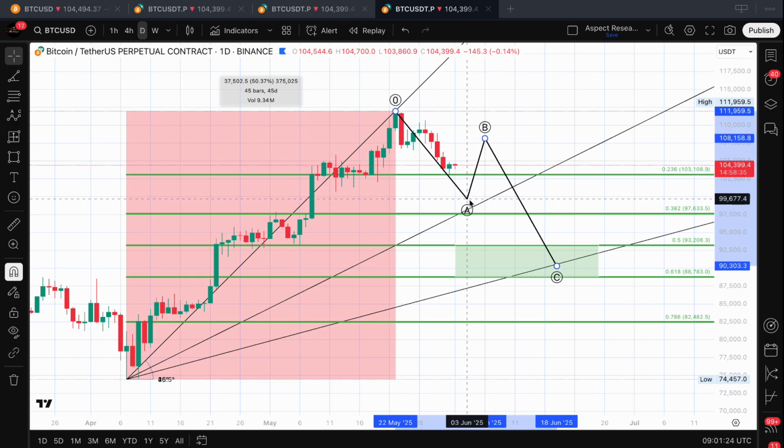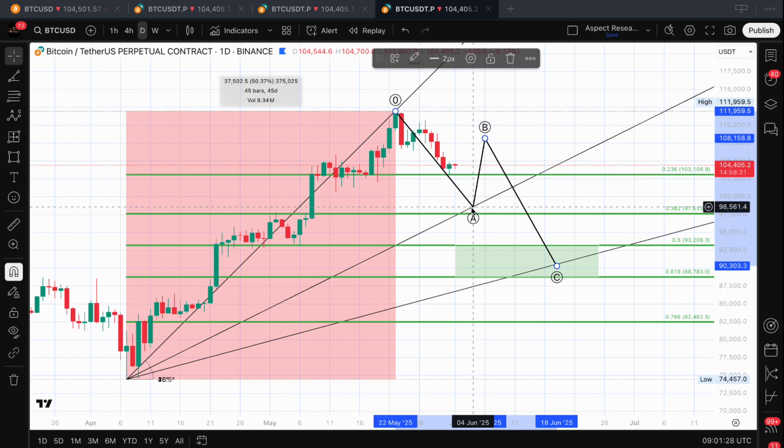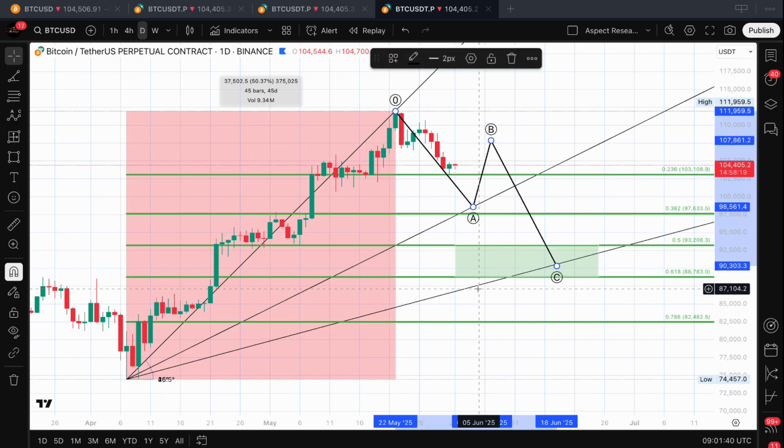Okay, so it is possible that wave A will be a bit longer, more extended until it touches the 26.5 degree angle. Yes, maybe no, I don't know. Okay, but it's a point of reference. The other point of reference is the 15-degree angle, because the 15-degree angle aligns with the expected retracement value between the 50% and the 62%.